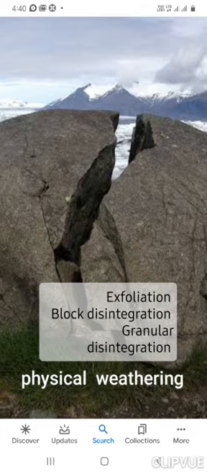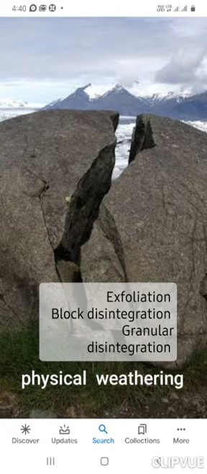Weathering is the breakdown of loosened materials, like the decomposition of earth crust material, by exposure to the atmosphere. The three types of weathering are physical, chemical, and biological weathering. In physical weathering, you see three types: exfoliation, block disintegration, and granular disintegration. Okay, can you understand?